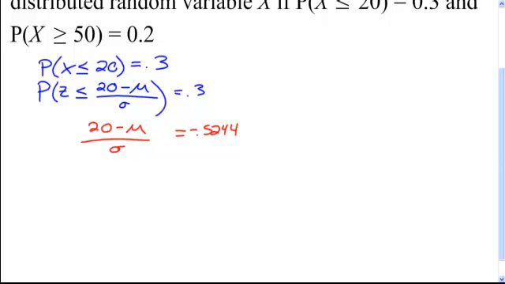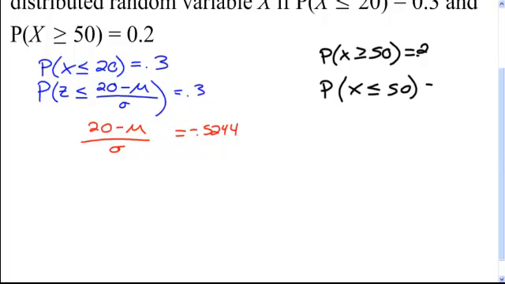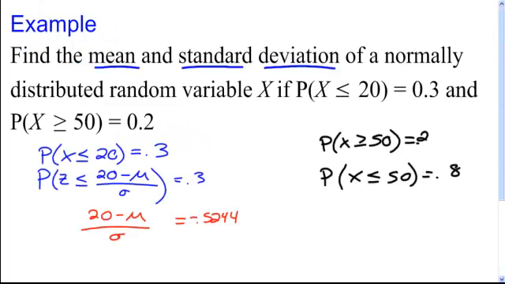So now I'm going to look at my second probability. In my second probability, the probability that x is greater than or equal to 50 is 0.2. Well, if I'm looking at greater than or equal to 50, that probability being 0.2 is the same thing as saying the complement, the probability of it being less than or equal to 50, is 0.8.